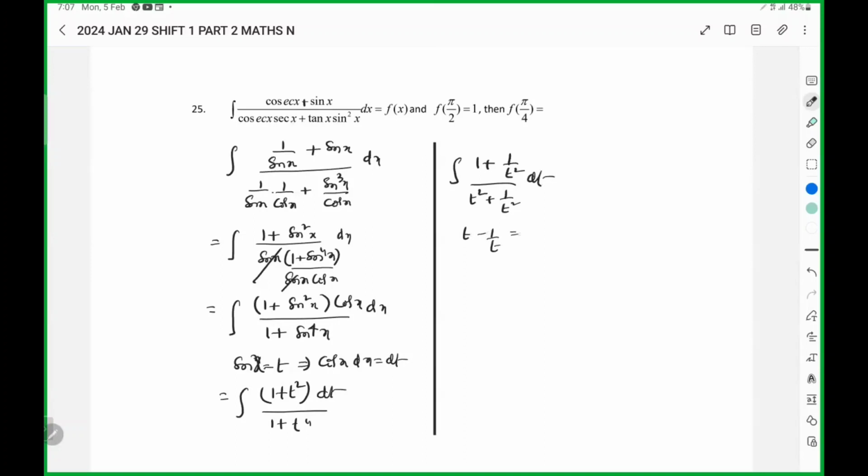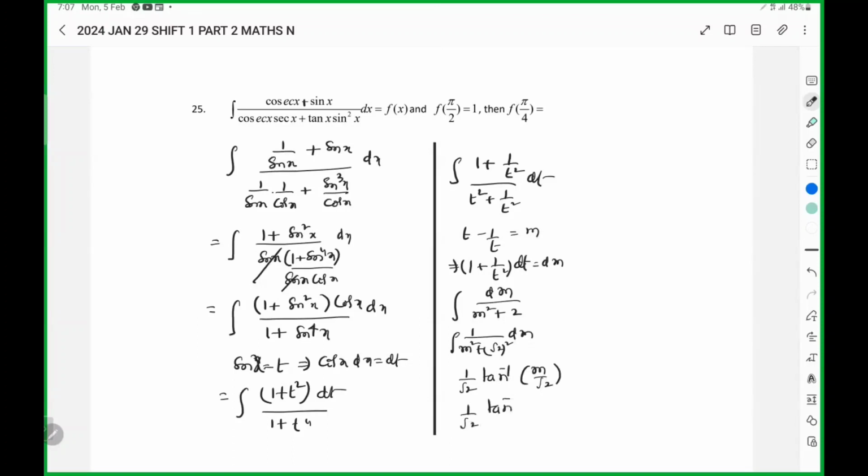Let t minus 1 by t be m, which implies 1 plus 1 by t square dt is dm. So dm by m square plus 2. It is of the form 1 by x square plus a square, giving 1 by a tan inverse x by a. M here is t minus 1 by t, and t is sin x, so sin x minus 1 by sin x by root 2 plus c.